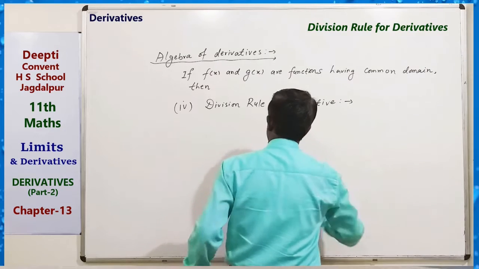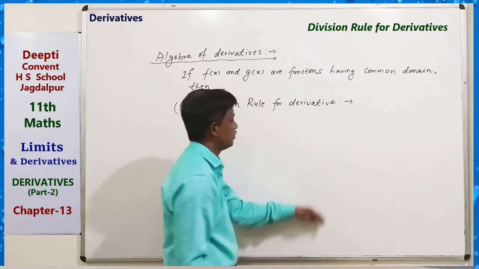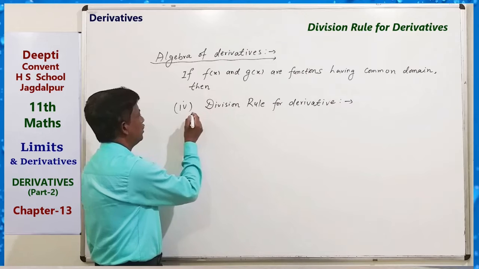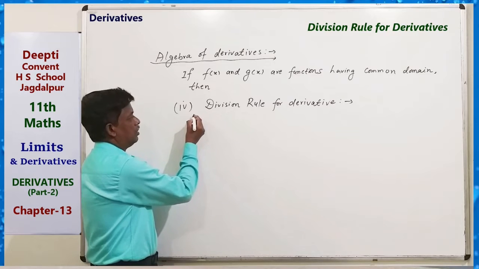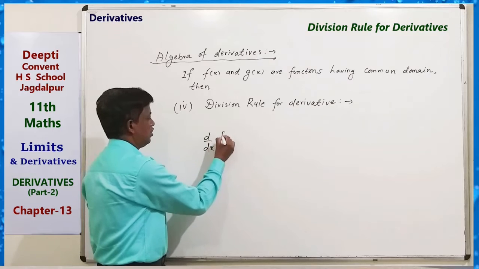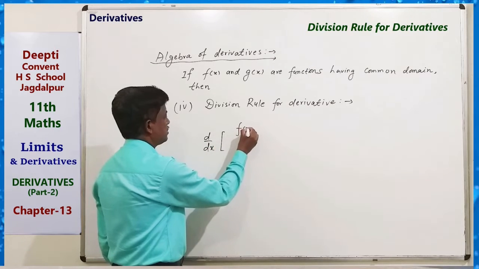Okay, so see this: d by dx of f(x) upon g(x).